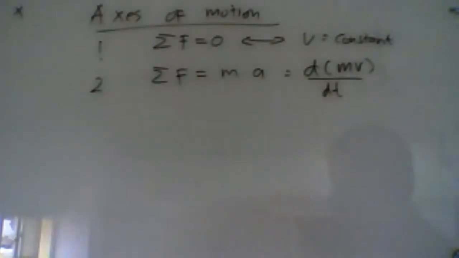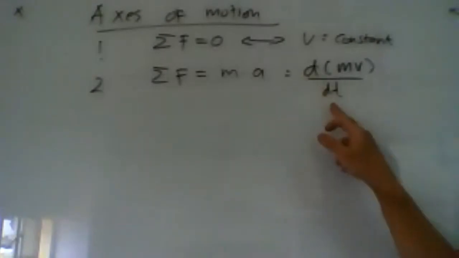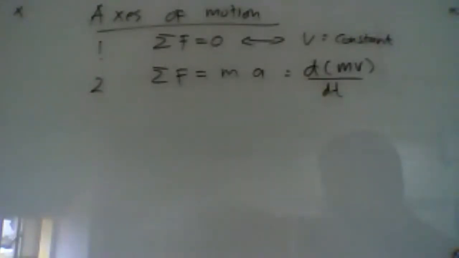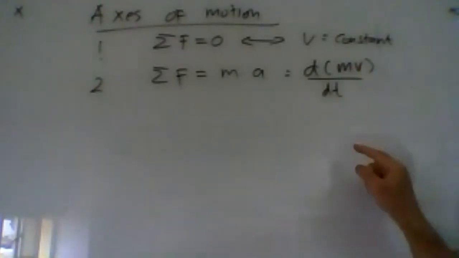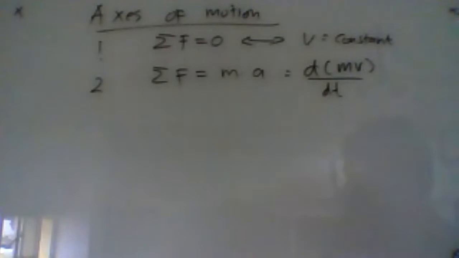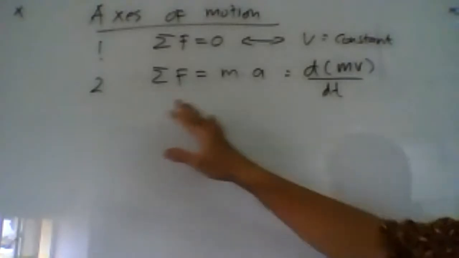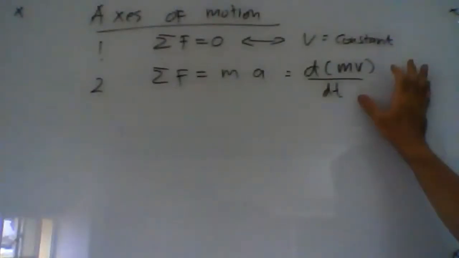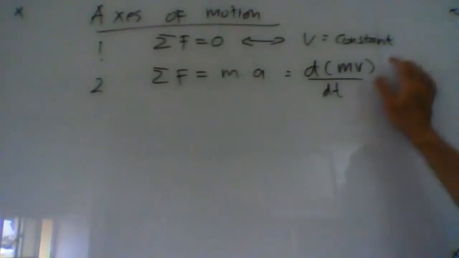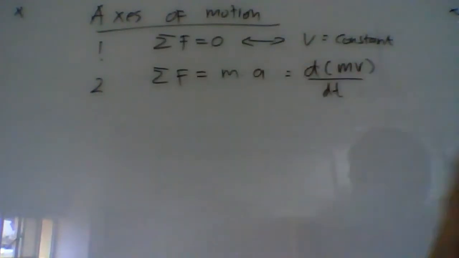The sum of the forces is the rate of change; d/dt mathematically means rate of change. We take the derivative of mass times velocity, or momentum. The change of momentum per time is the sum of the forces. I repeat, Newton originally said that the sum of the forces is the rate of change of momentum per time. How fast momentum changes per unit time, that is the sum of the forces.